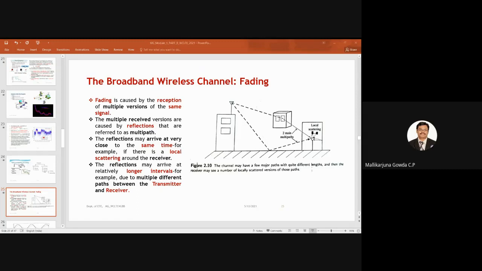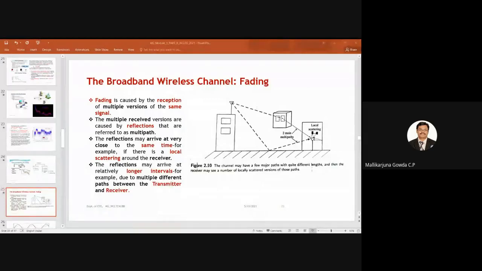Hope this picture is clear. The channel may have a few major paths, which we call multipaths, with quite different lengths. And then the receiver may see a number of locally scattered versions of those paths. Hope this is clear.